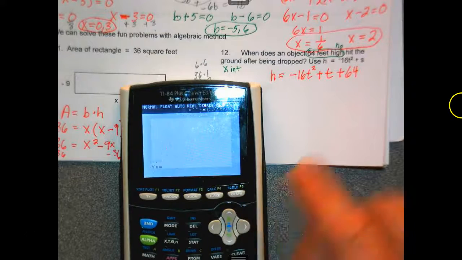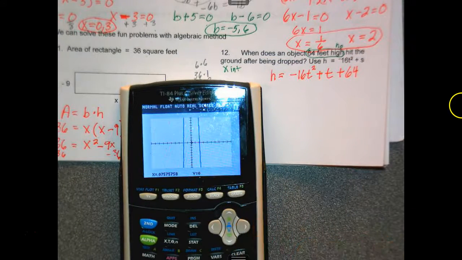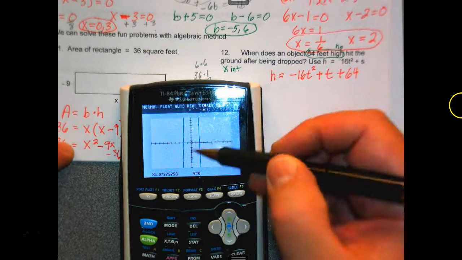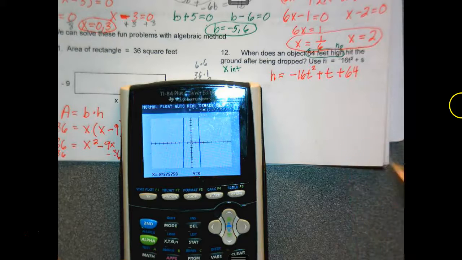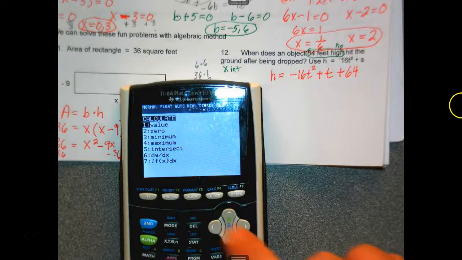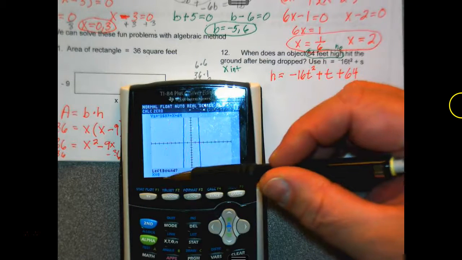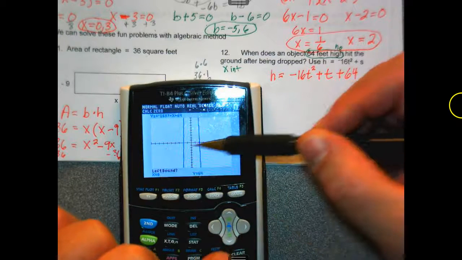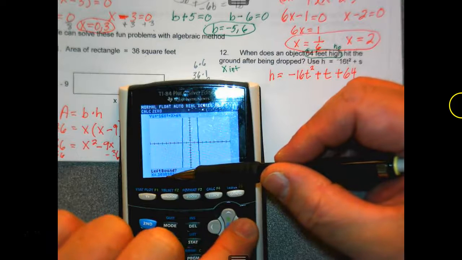Graph it, and we're looking for the x-intercept, right? Okay, so I'm looking for the positive x-intercept because you can't drop an object and get a negative intercept. So I gotta hit second, trace, 0, and my cursor right now is at x equals 0. I need to get it to like x equals 2. So I'm going to get it closer to 2.